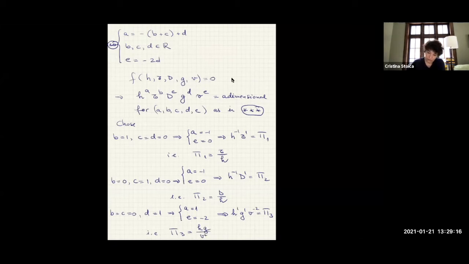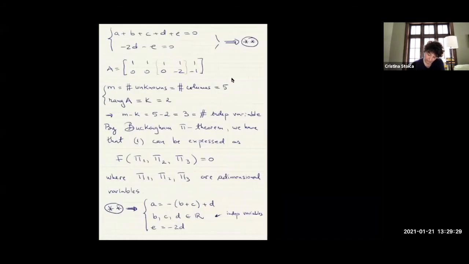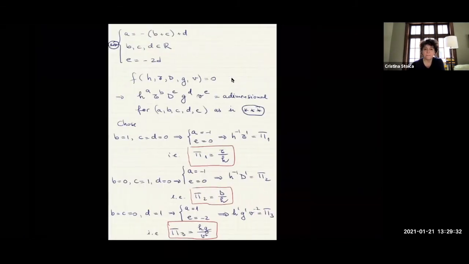All right, so we have pi 1, we have pi 2, and we have pi 3. And we know that f of pi 1, pi 2, pi 3 is 0, right?